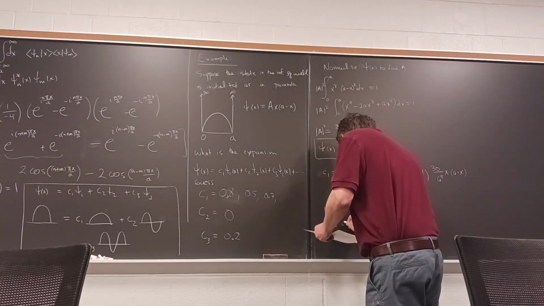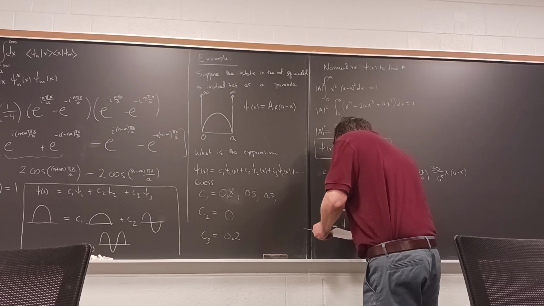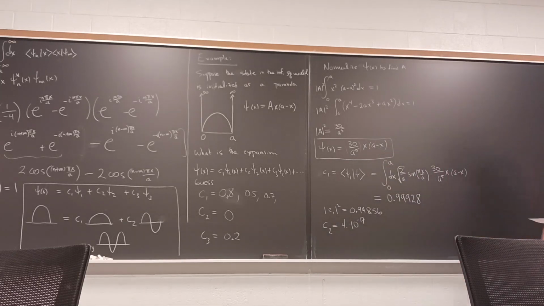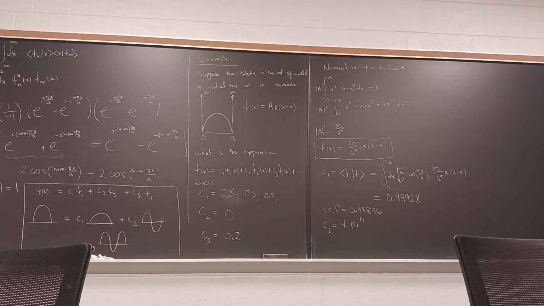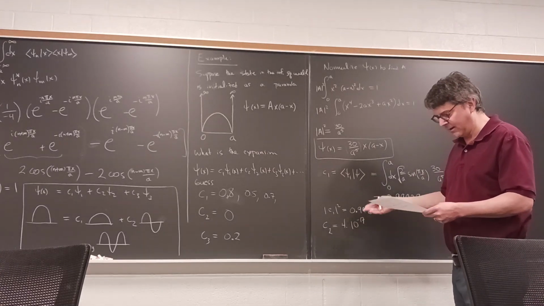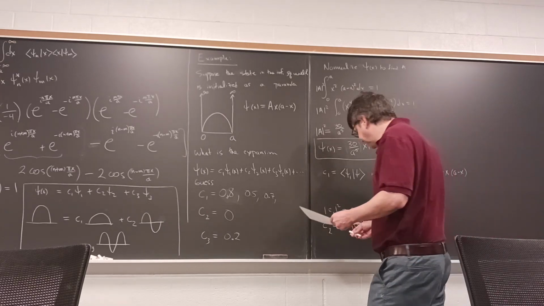C2 is 4 times 10 to the minus 17, which is about the error in the floating point precision of a calculation on a computer, so it's pretty much just 0.